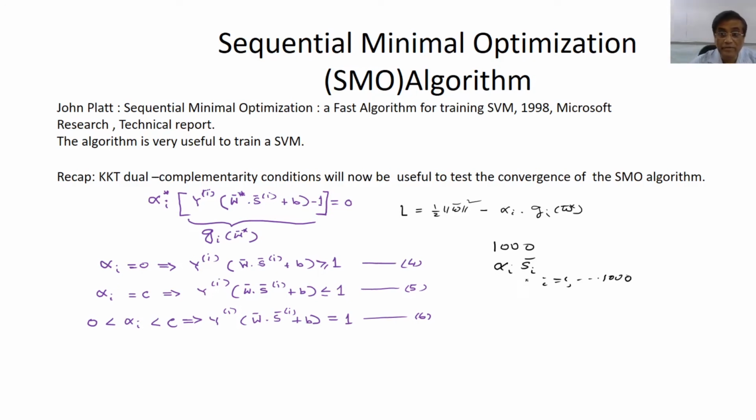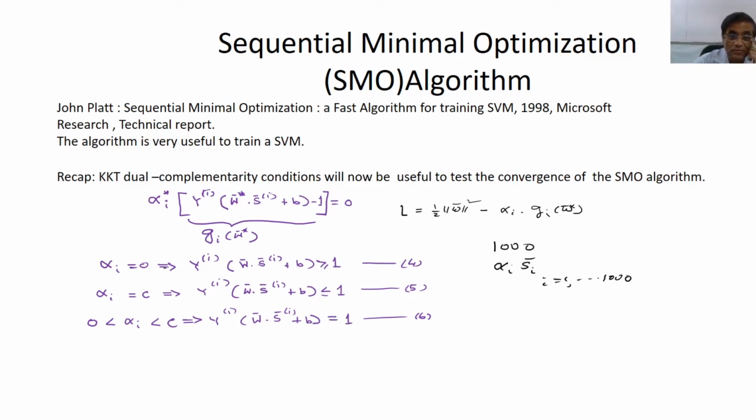However, when we evaluate alpha i, you will see that alpha i will be 0 for most of the samples, except where this is equal to 1.